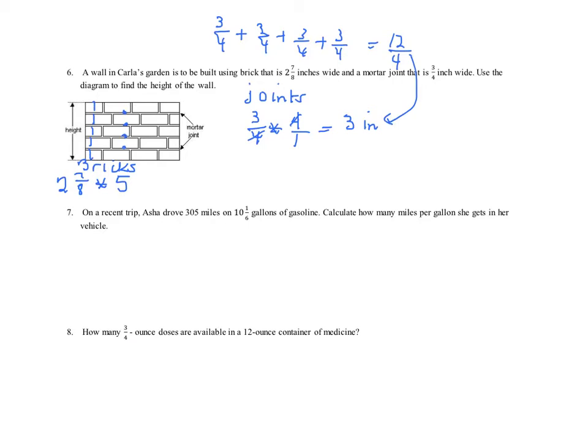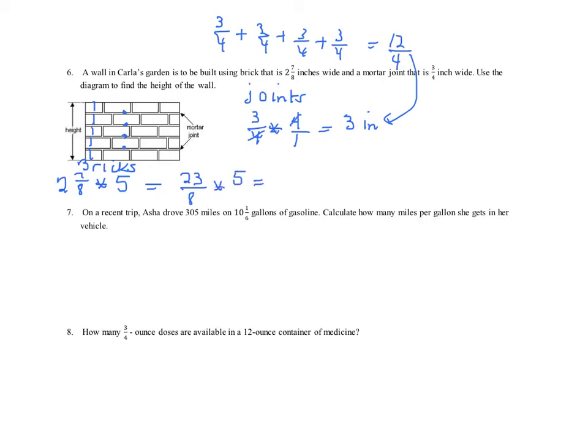So now let's do the bricks. So we're going to do 2 7/8 times 5. So we're going to convert that 2 7/8 from a mixed number to an improper fraction. So that is going to be 2 times 8 is 16 plus 7 is 23/8 times 5.